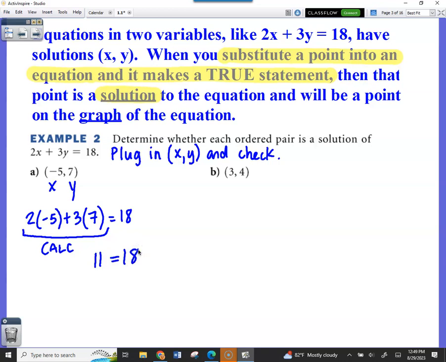You would bring down what you get, and then this is a statement of equality, and if it's not true, you would slash it and say, no, 11 does not equal 18. So no, (-5, 7) is not a solution.